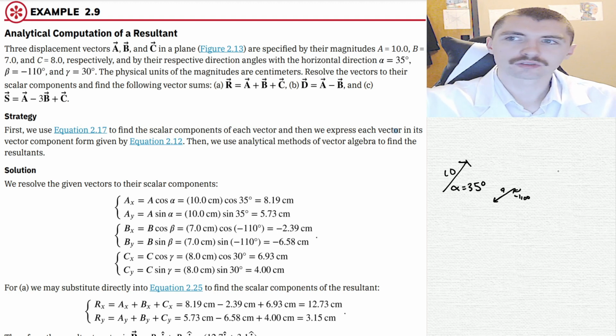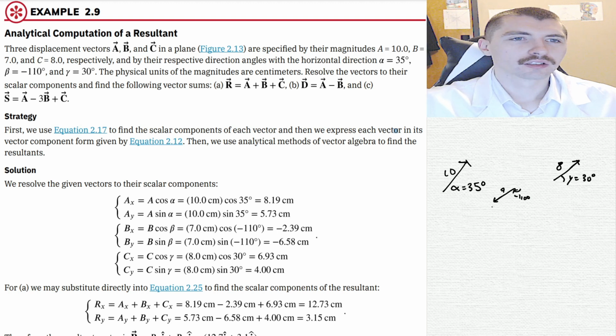So 8. The physical units of the magnitudes are centimeters. Resolve the vectors to their scalar components to find the vector sum.